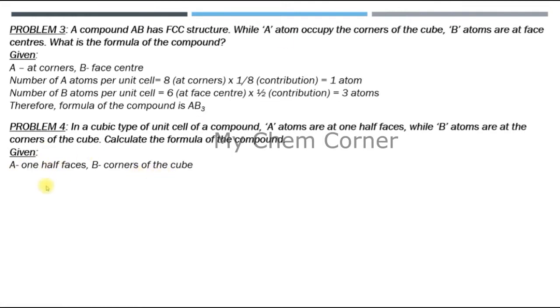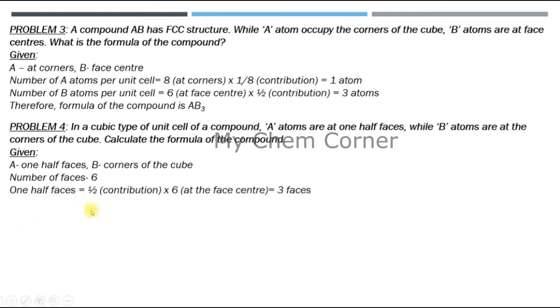So now, when you look at this, let's try to solve it step by step. When we talk about 1/2 faces, first let's see how many faces a cube has. The number of faces are 6 in a cube. When we say 1/2 faces, half is the contribution, right?